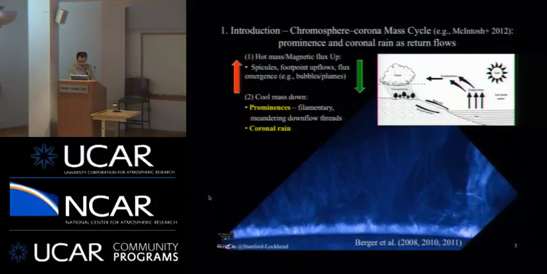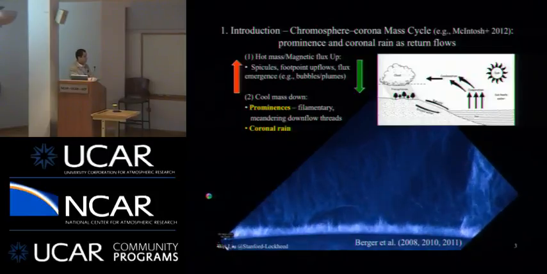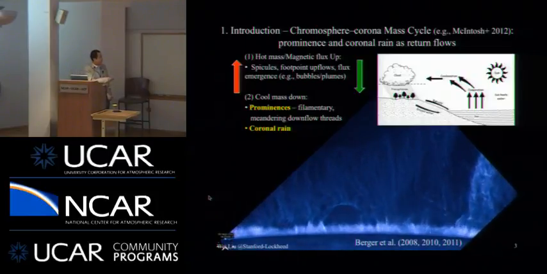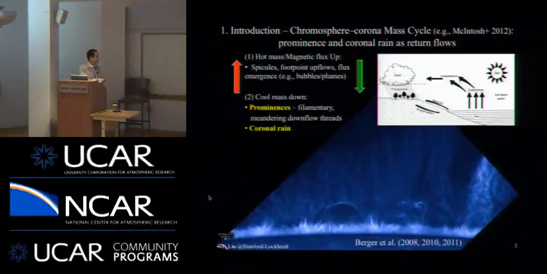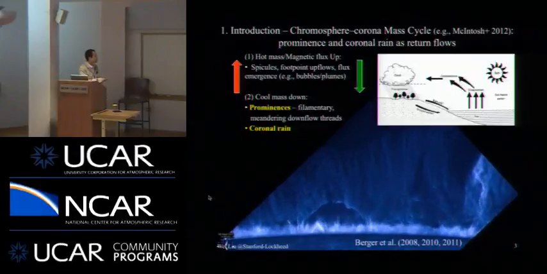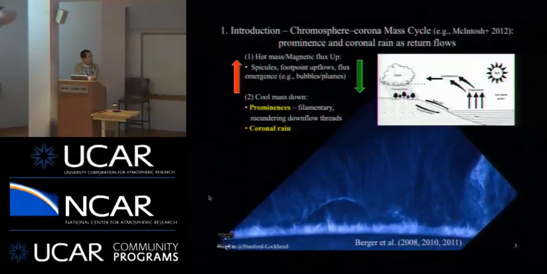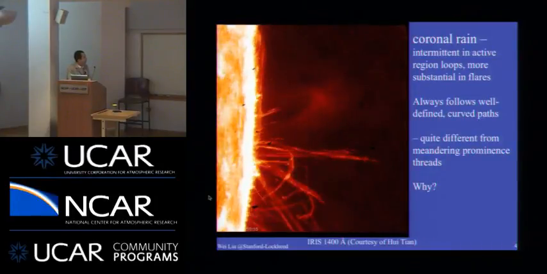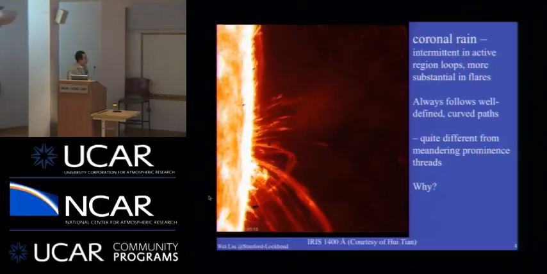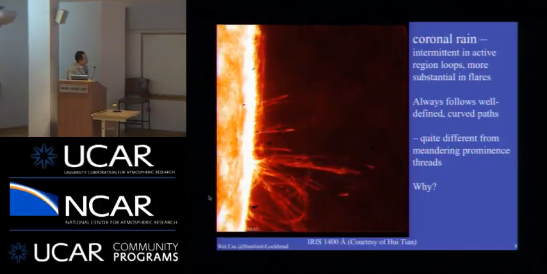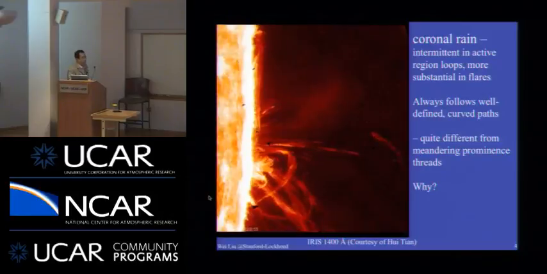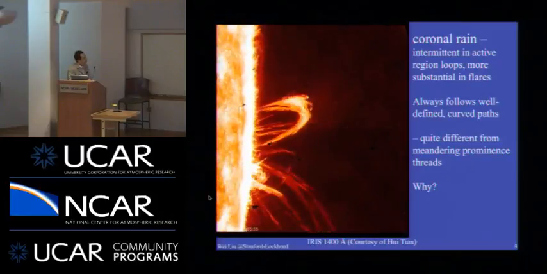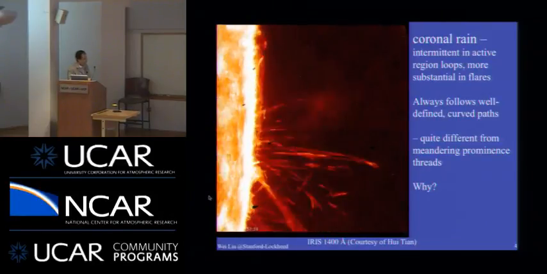What we usually see as prominences are filamentary downflow threads with a very meandering path. If you look at coronal rain, it's quite different. Here's what IRIS saw in a coronal rain event: very well-defined trajectories along active region loops, in quiescent states and also during flares.